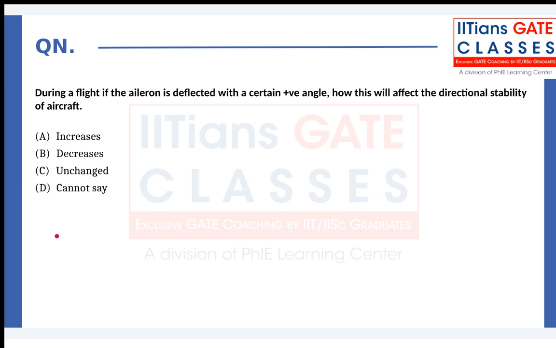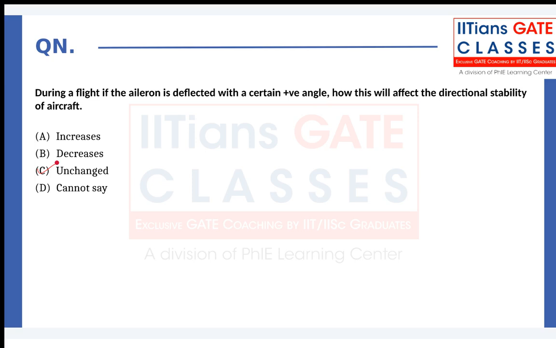Alright, think again. If I deflect control surfaces, will my stability change? Deflecting control surfaces have no effect on stability, right? We had discussed this several times. If I deflect the elevator also, there is no change in stability. If I deflect aileron also, there is no change. If I deflect rudder also, there will be no change. So it remains unchanged.